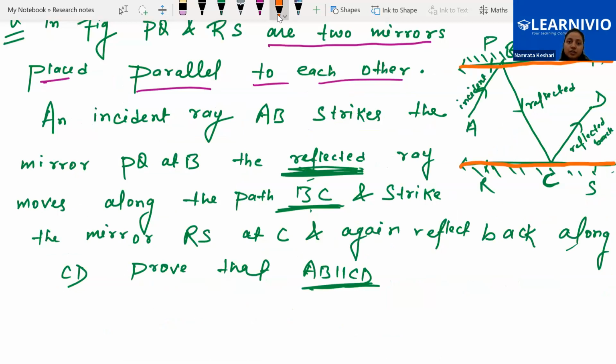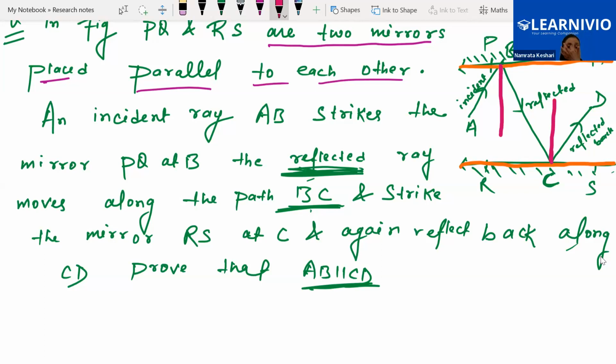Let's draw a perpendicular over here. We will use the concept of physics. Let's draw a line which is perpendicular to PQ and a line which is perpendicular to RS, like this.